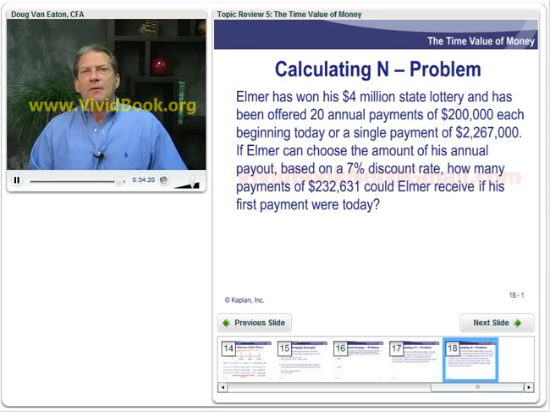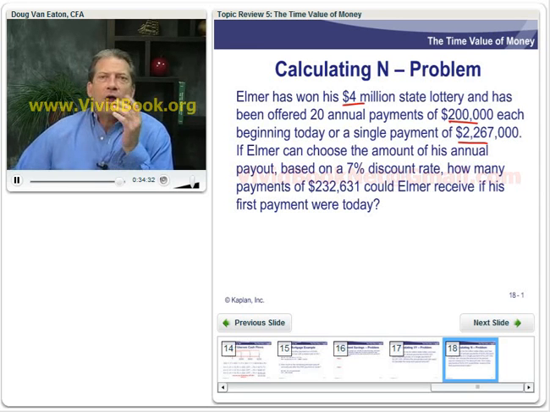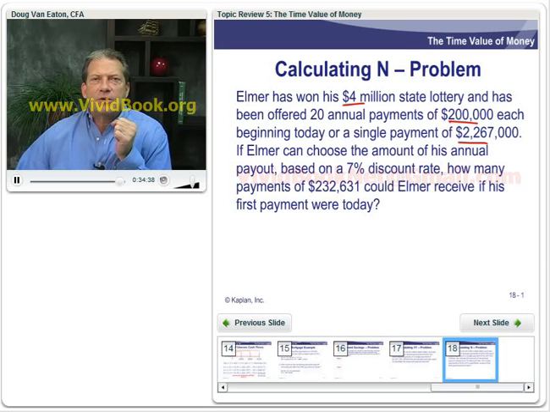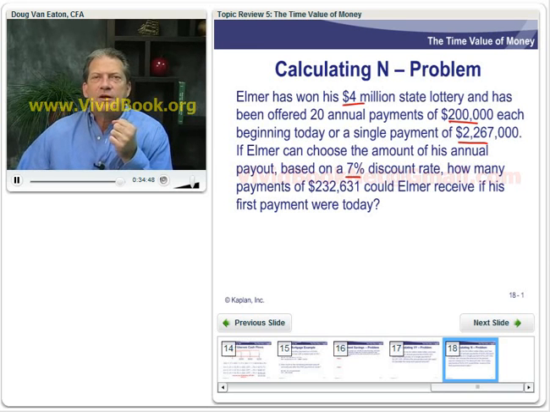So now, Elmer has won $4 million again and has been offered these 20 annual payments or a single payment of this. Now what if this were an odd lottery where Elmer could choose the amount of his annual payout based on a 7% discount rate. Let's say his payments, instead of $200,000 a year, and this is an odd question, I know, but we can still illustrate the point with it.